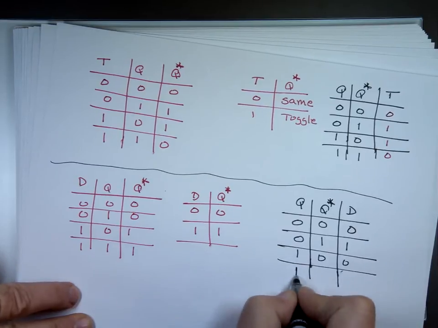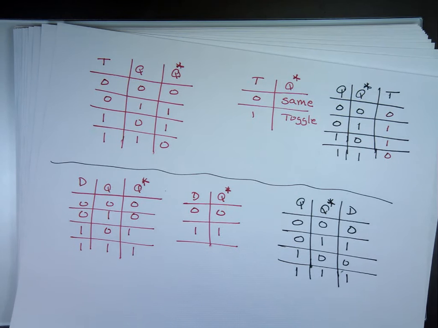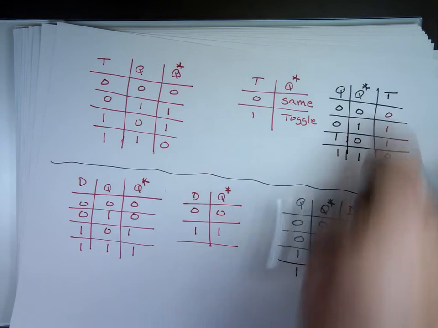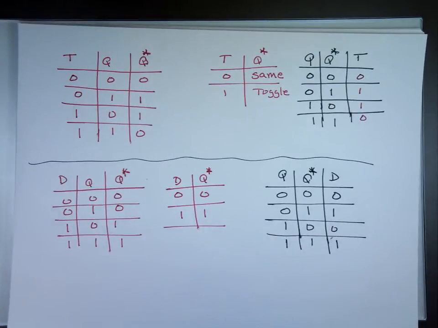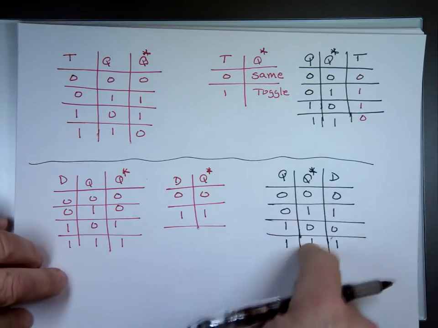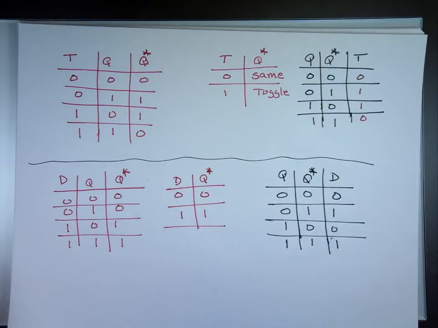And 1 to 1, 1. Those are the excitation table. That's what I need for the rest of the problem. Last time we looked at the JK excitation table. This is the T, this is the D. The only one left is R. We'll do that next time, or next example.